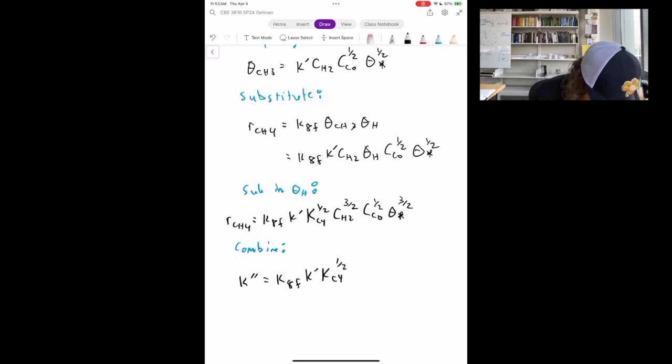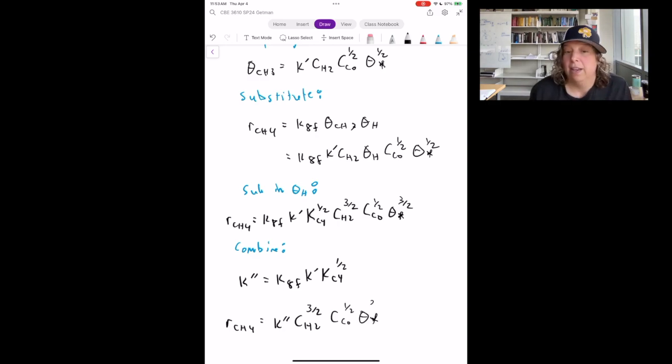Then RCH4 is going to be K double prime CH2 to the 3/2, CCO to the 1/2, theta star to the 3/2.